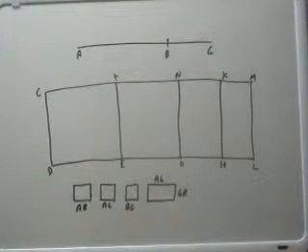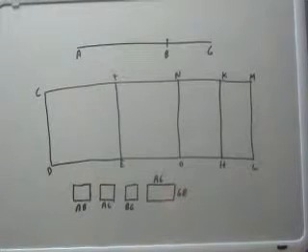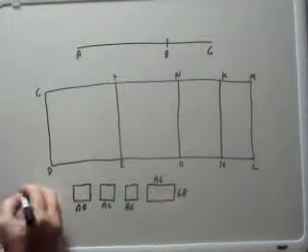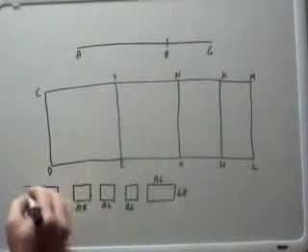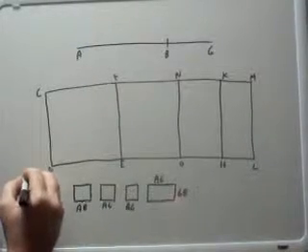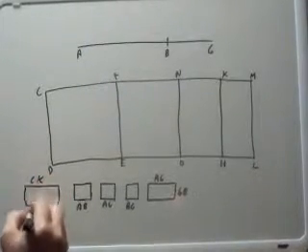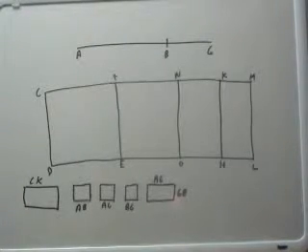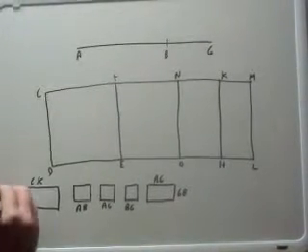Therefore, the rectangle CKKM. What is the rectangle CKKM? Well, what we do at this point is we draw another rectangle right across here, and two sides of it are going to be CK, and the other two sides are going to be KM.